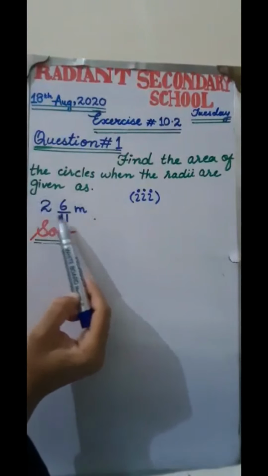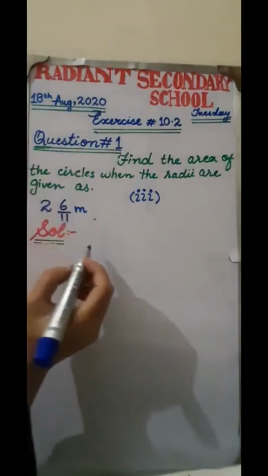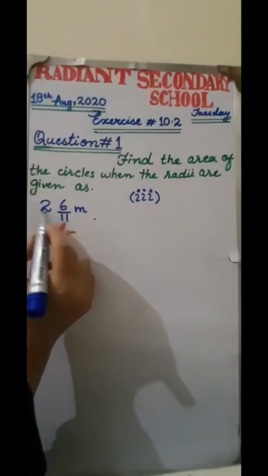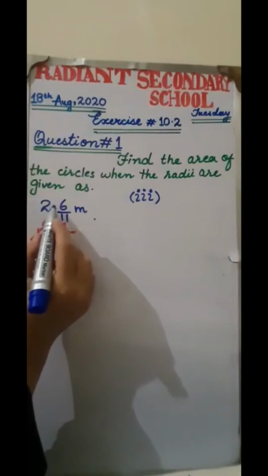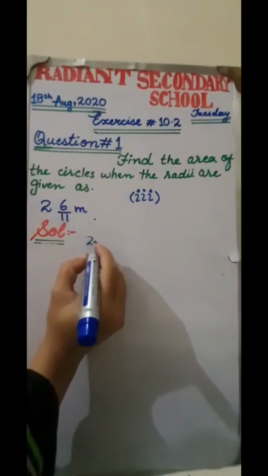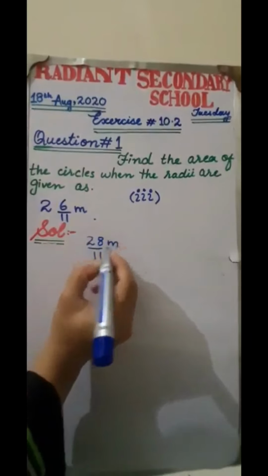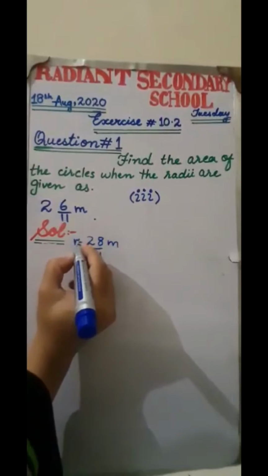This radius is in the form of a mixed fraction, so make it improper first. 11 2s are 22, and when we add 22 with 6, it becomes 28/11 meter. That is our given radius.